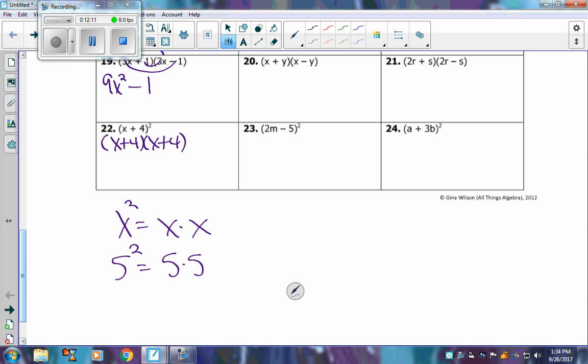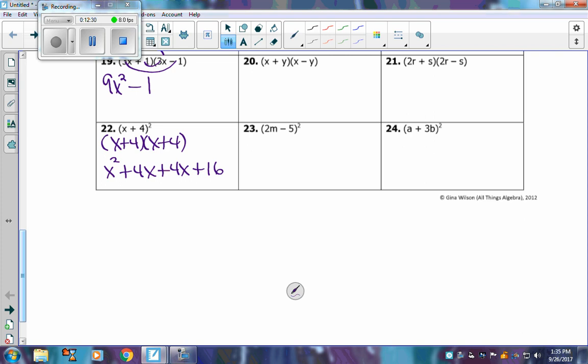So x times x, and then the outer, 4 times x, and the inner. Your outer and inner are always going to be the same if it's the same binomial. And then last times last. So now combine your like terms.